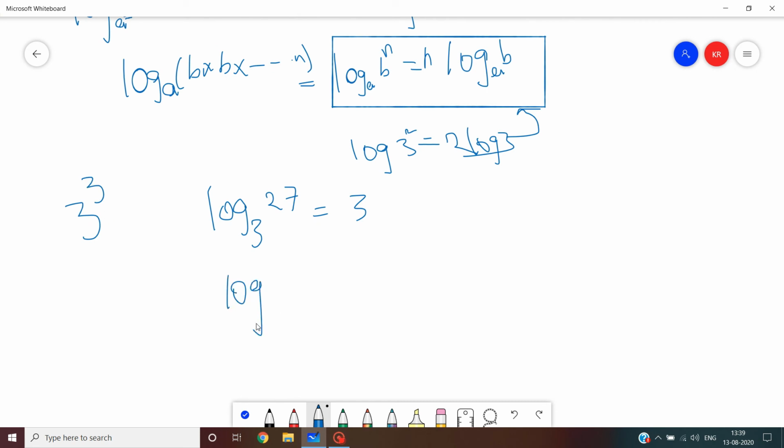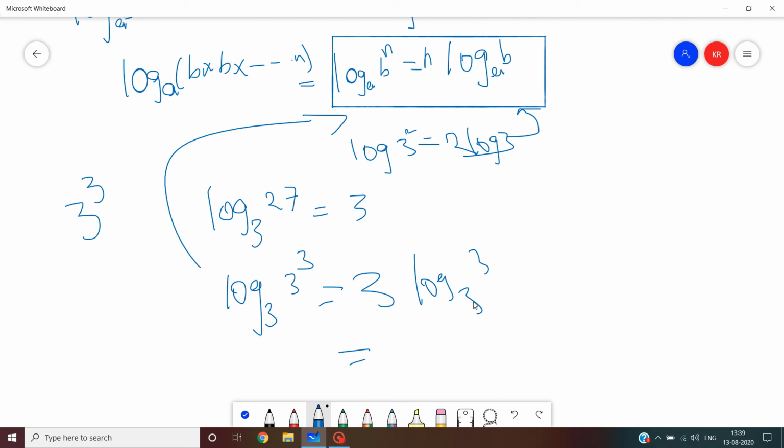So log to the base 3 of 3 power 3. So use this law and write this 3 power 3 as 3 into log base 3 of 3. Okay, and here my base and result are the same, so my output will be 1 here. So this will be 3 into 1, which is 3.